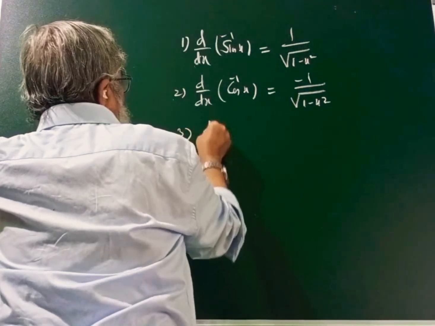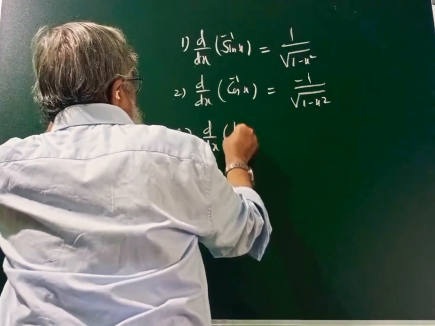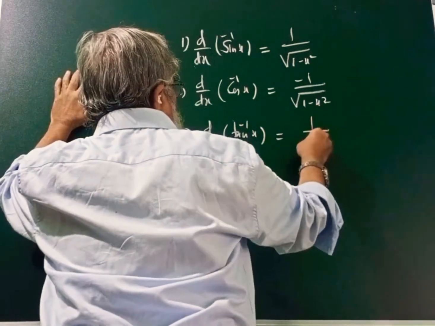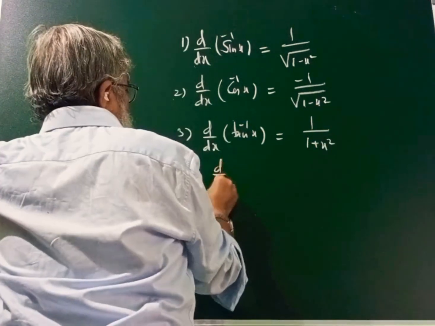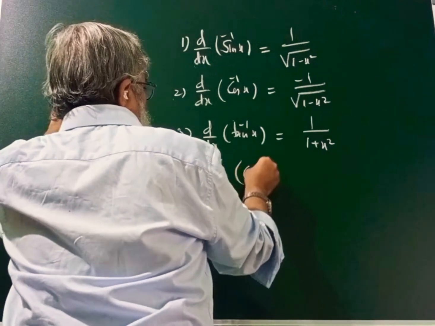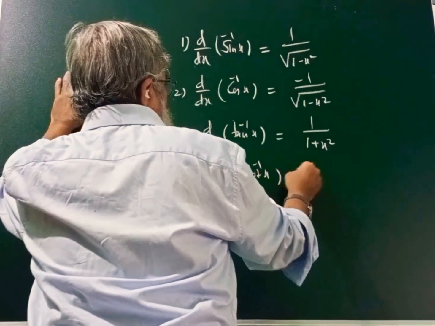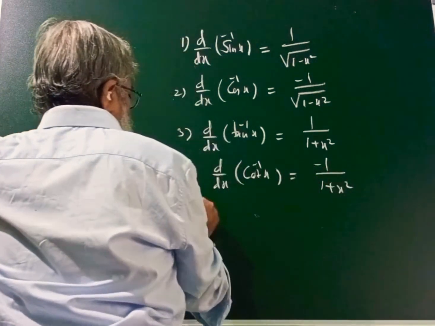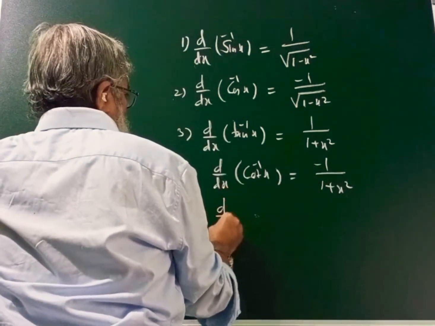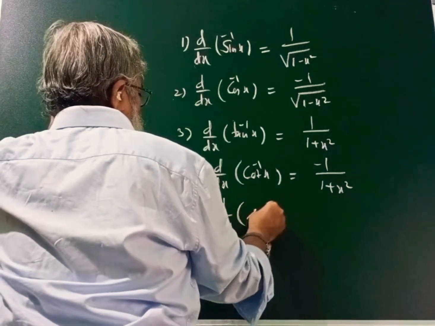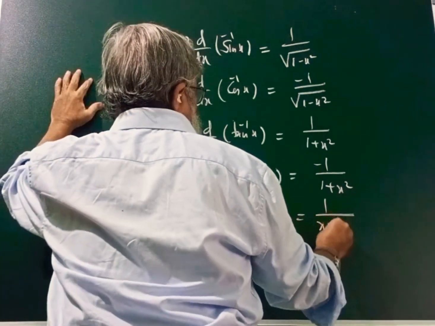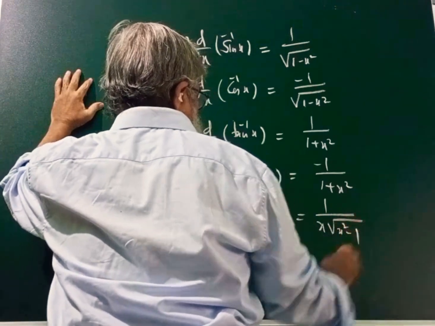We have derivative of tan inverse x, that is given by 1 by 1 plus x square. Derivative of cot inverse x is equal to minus 1 by 1 plus x square. Derivative of sec inverse x is given by 1 by x under root x square minus 1.